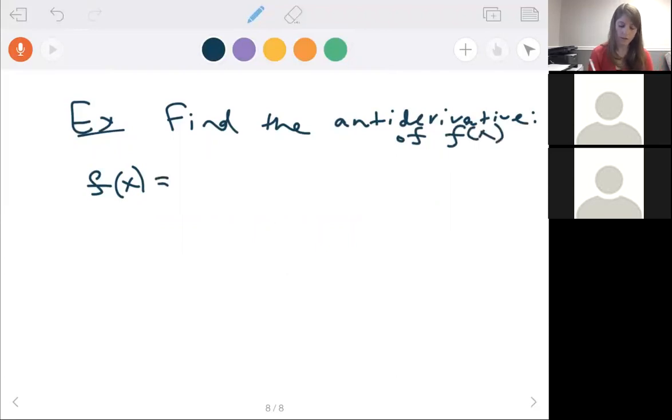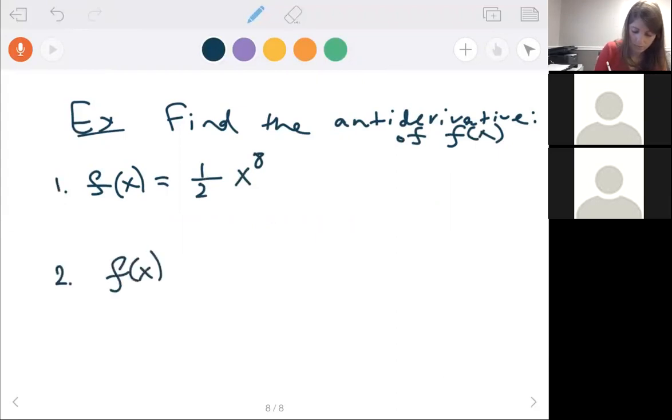Okay, so in this case, let's say our function is 1/2 x to the 8th. And let's go ahead and give another one really quickly. Okay, so our second one, 3x squared. So try both of these, and then we'll compare.